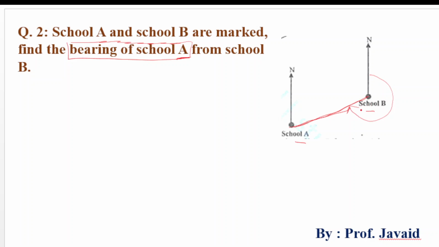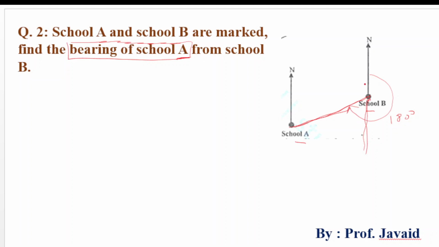We have to find the angle. So how can we find the angle? It's very easy. You can do like this, the straight line. So what is a straight line? This is 180 degrees. Or you can use the protractor, and the remaining you will find, as I already found that.